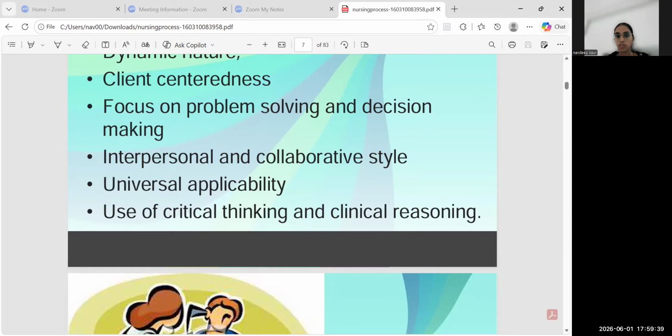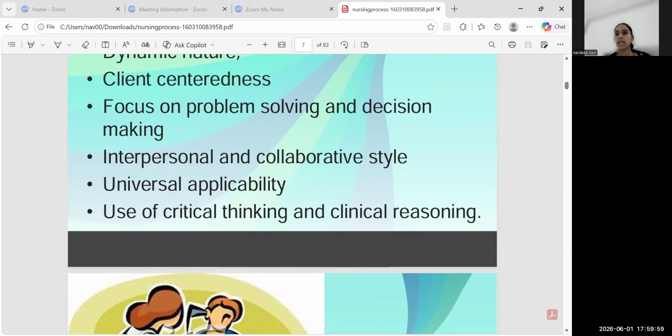And it has universal applicability. Universal applicability means it is an ongoing and universal process, and we have to apply this all over the universe.